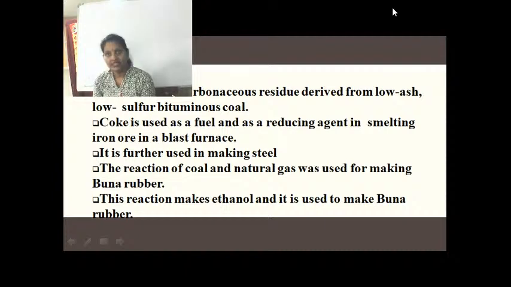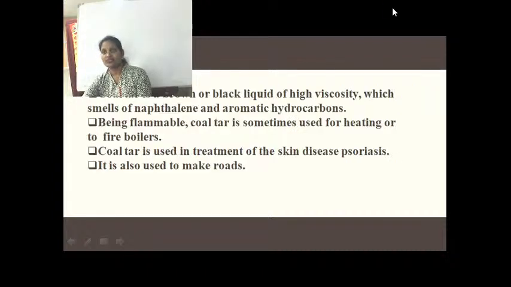A blast furnace is the big furnace where iron is separated from its ore. Okay. Then it is used in making steel. Next is the reaction of coal and natural gas, which was used for making Buna rubber. So for making rubber also it is used. These are all the applications of coke. These reactions make ethanol, and it is used to make rubber.